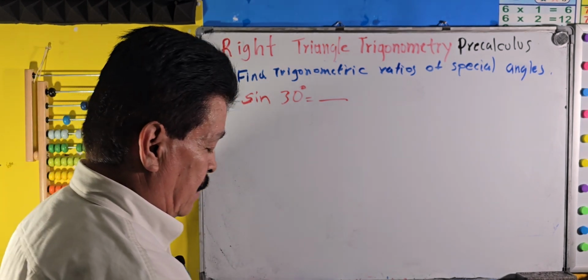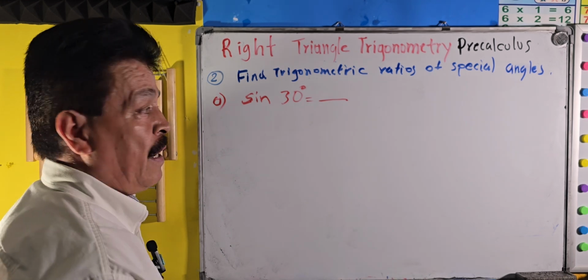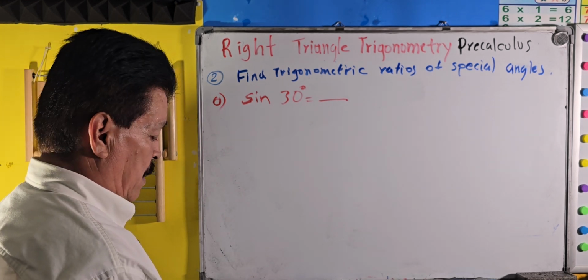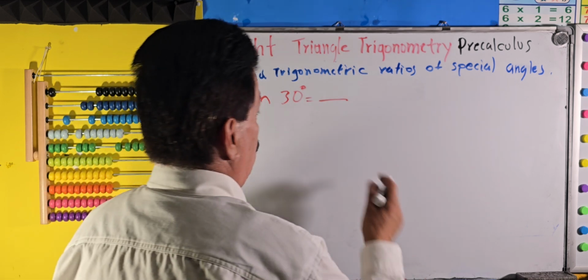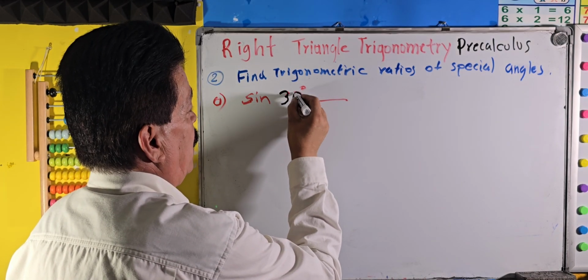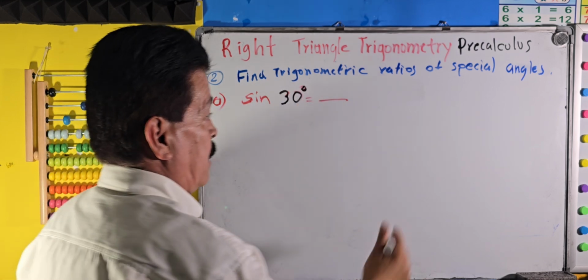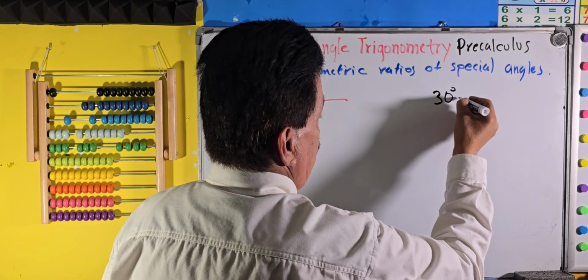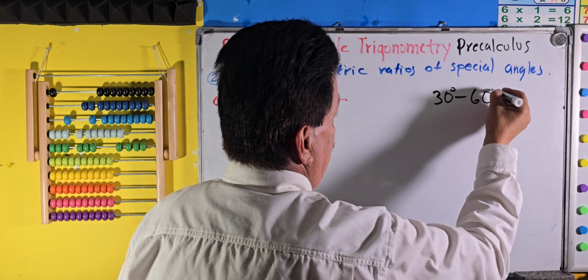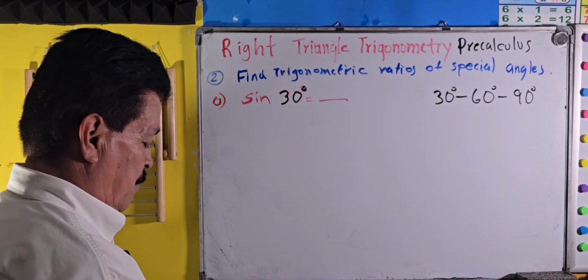Here to calculate the sine of 30 degrees, we have to draw our triangle. We have to draw a triangle that includes one angle of 30 degrees. So like 30, 60, and then 90 degrees, right?